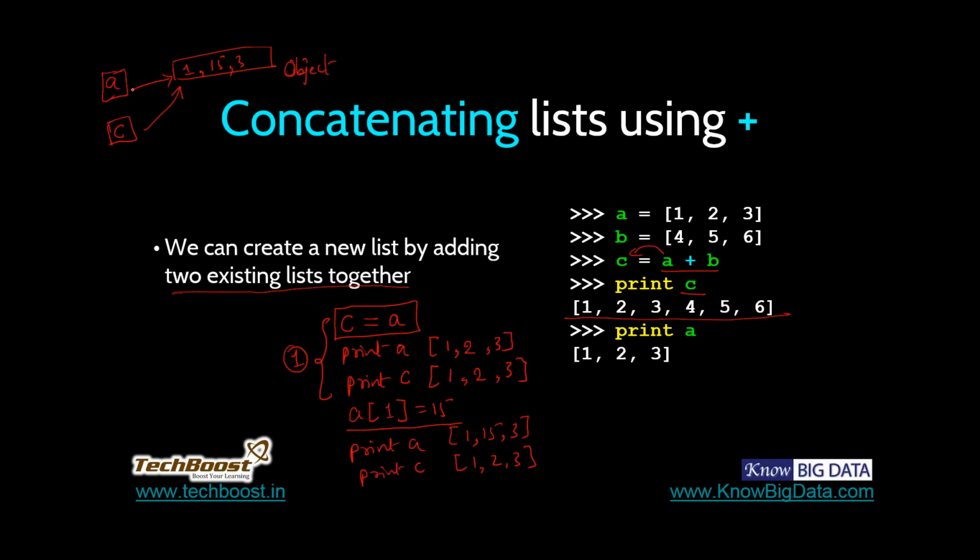A is still pointing to the same object, and C is also pointing to the same object, and hence we get the same output. So the correct one is that you get 15 over here. Is this clear now?